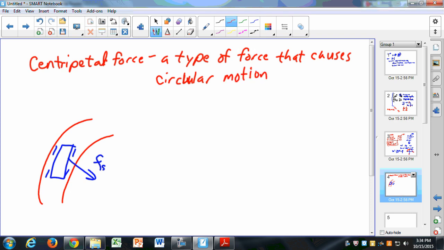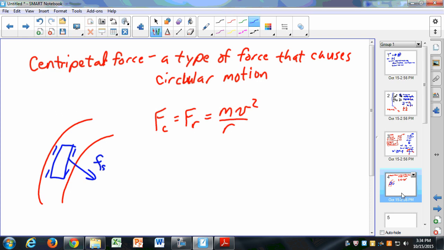This centripetal force, which I'll call Fc, sometimes you might see as Fr. I use those interchangeably: C for centripetal, R for radial, because the centripetal force is always towards the center of the circle, along the radius. The centripetal force is equal to mv squared over r.